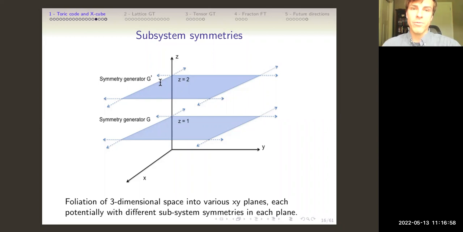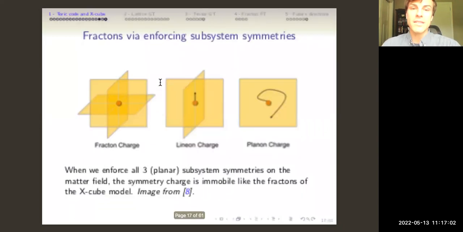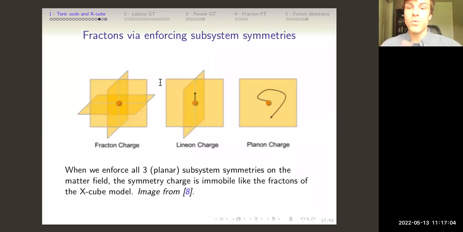And so notably, if we have each axis having its own symmetry, there are different ways that a fracton can move. If we enforce only one symmetry along one of the axes, the particle can move about the plane that it's confined to. If we enforce 2, we'll end up with this thing called a lineon, which is something that we'll get more into when we talk about the dipole symmetry and why this phenomenology follows from dipole symmetry.